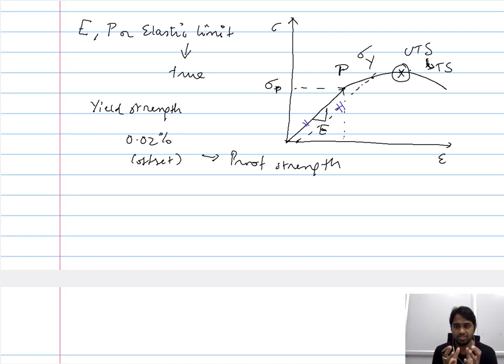So the maximum stress a system can accommodate before it changes geometrically is referred to as the ultimate tensile strength. So these are the different factors or different properties that one can calculate from the stress strain curve.